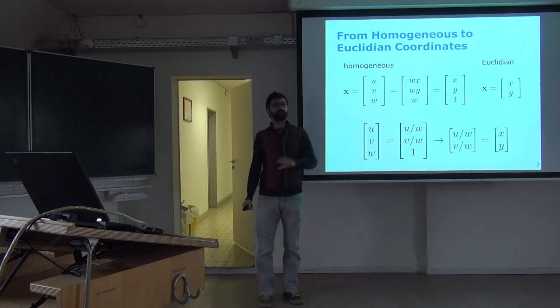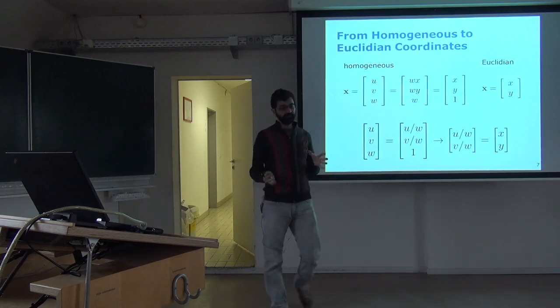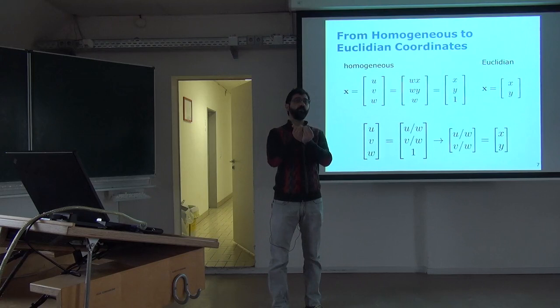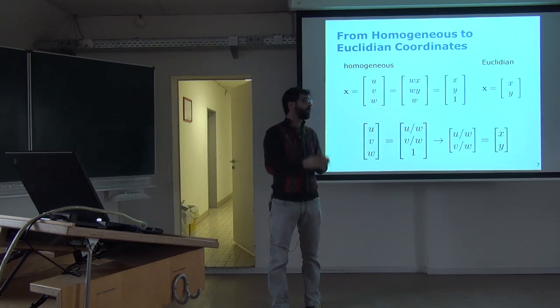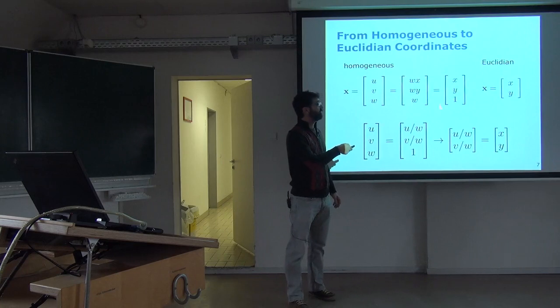For whatever we're considering in this class in terms of a body that moves around, which is the pose of the robot, or a point observed by the robot using a laser scanner, so everything which is not projective, so it doesn't come through a camera or some system that takes a 3D world and puts it on a 2D plane, we will always deal with points that have a 1 down there.